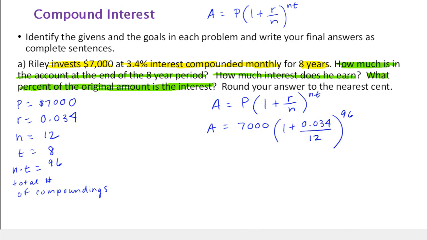We're going to do this in a few pieces for the computer calculator. First, we're going to do this. So we're following the order of operations here. First you do what's in the parentheses. Next, we'll raise it to the 96th power, which is the exponent part.